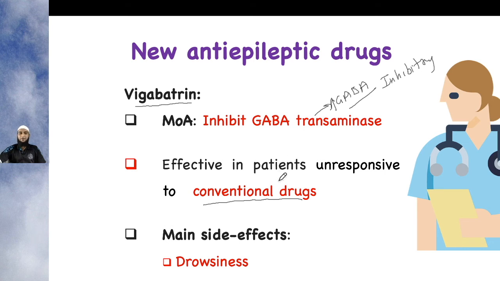The main side effects include drowsiness, and it produces behavioral and mood changes. Although these side effects are there, they are less as compared to the side effects of phenytoin, carbamazepine and valproate. So vigabatrin can be thought of as one of the good drugs for the treatment of convulsion.